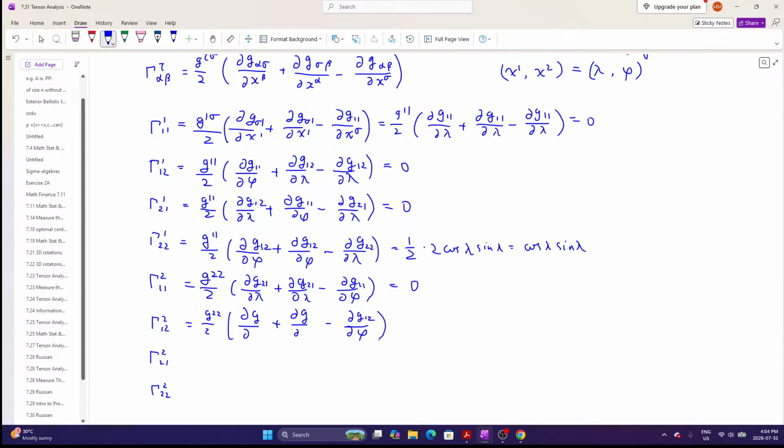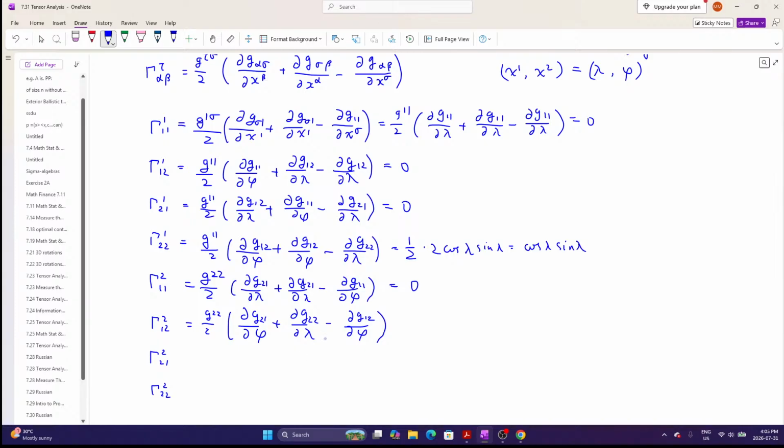So this completes the last term, and on top you got g2 2. 1 over dx2 would be phi, d phi, and the second term, actually, sorry, no, that's not right, my bad. The second term is dg22 over dx1, which is lambda.